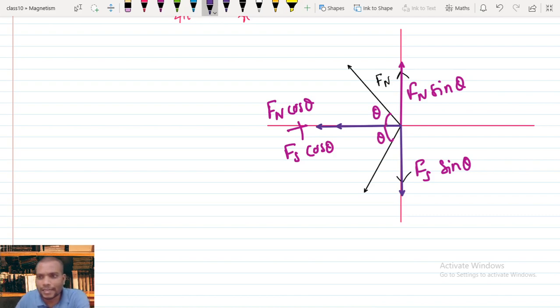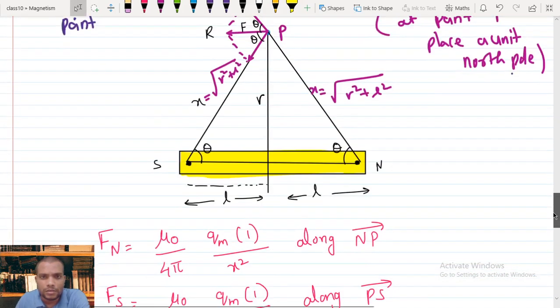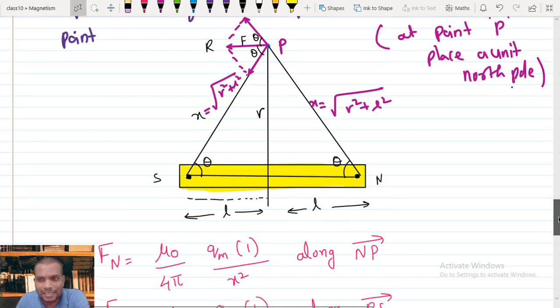And finally we can get the net magnetic field at point P. That's the net magnetic field, along the horizontal direction. Now we can get the net magnetic field, that is the resultant.